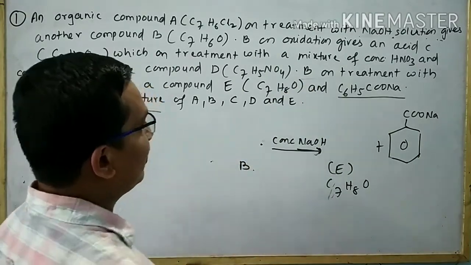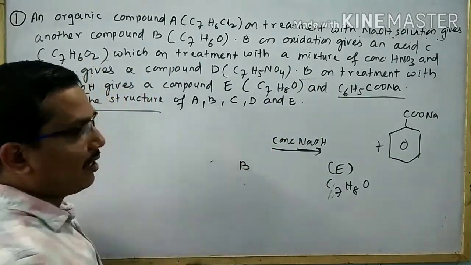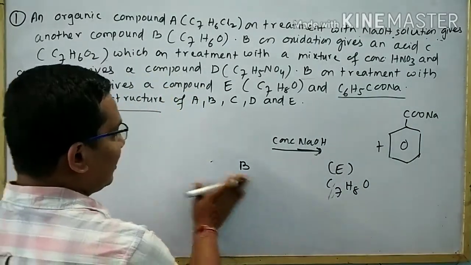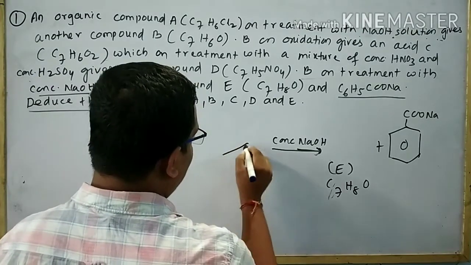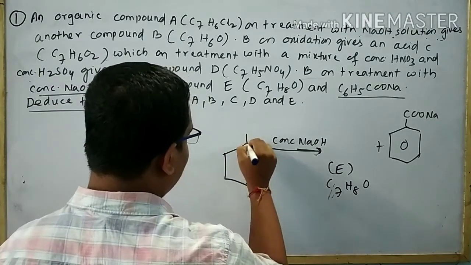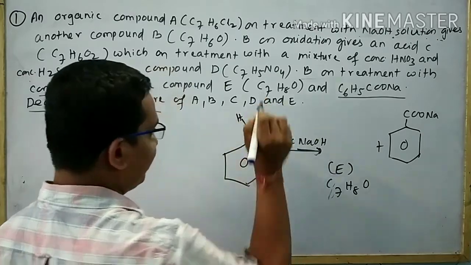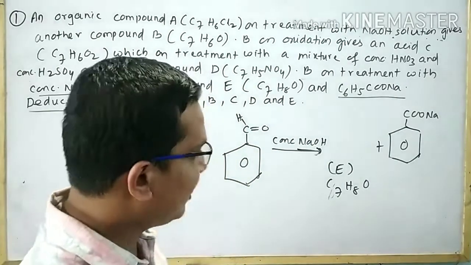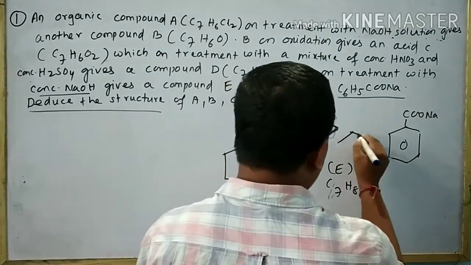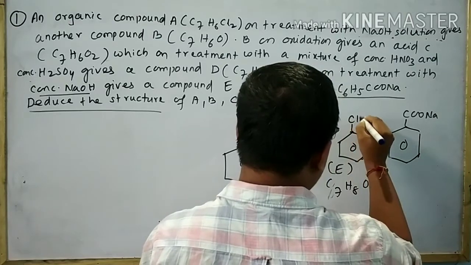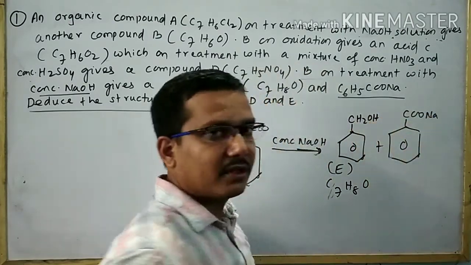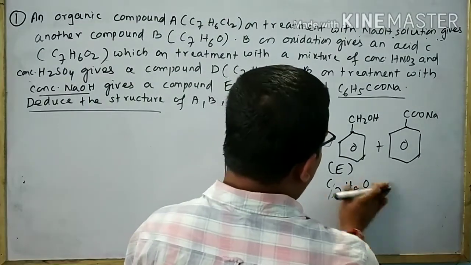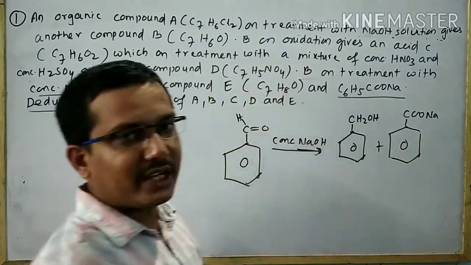Here B is given. From this data it is clear that this undergoes Cannizzaro reaction. As a result, we can easily think that this is said to be benzaldehyde. When benzaldehyde undergoes reaction with the concentrated NaOH, then benzyl alcohol is formed having formula C7H8O and sodium salt of benzoic acid is formed.